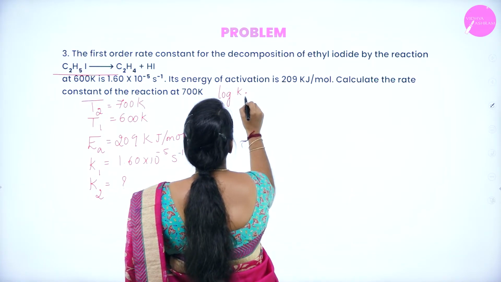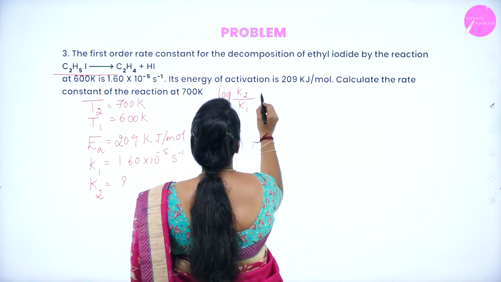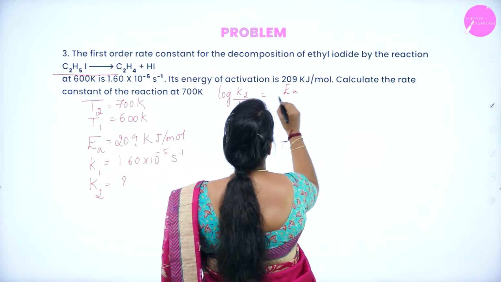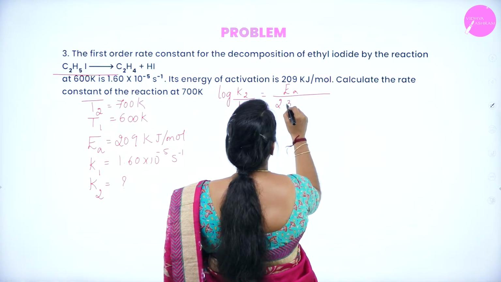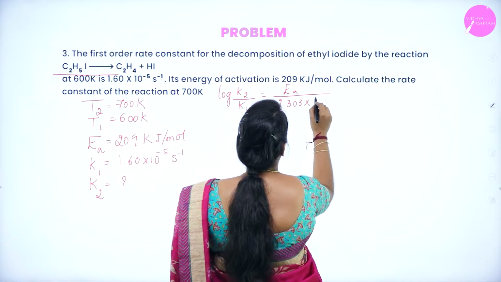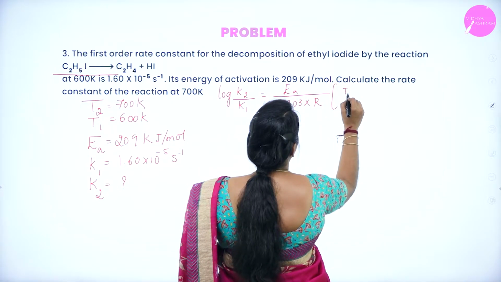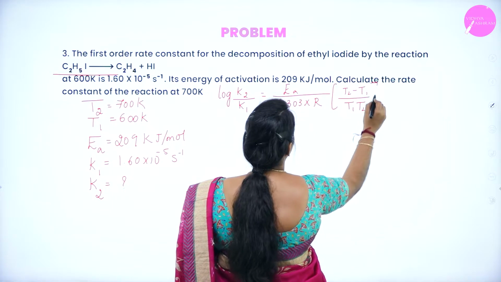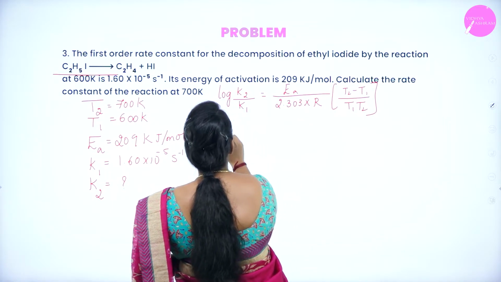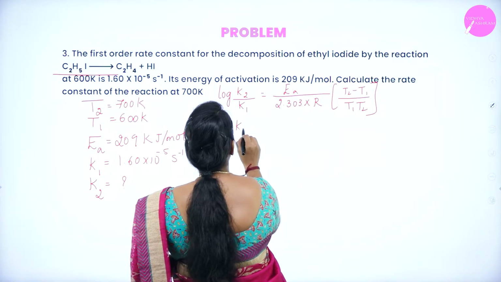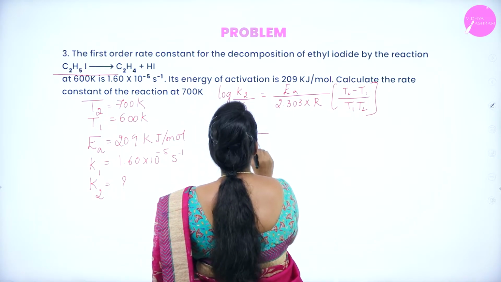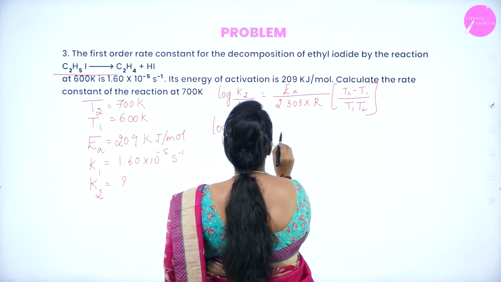Log K2 divided by K1 is equal to EA divided by 2.303 into R into (T2 minus T1) divided by T1 and T2. So what is the K2 here? We don't know, but we know the K1 value: 1.60 into 10 power minus 5.